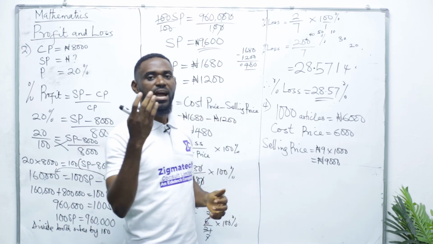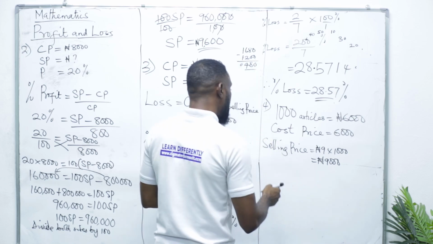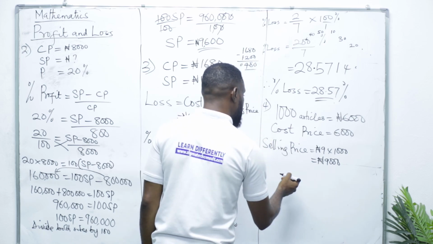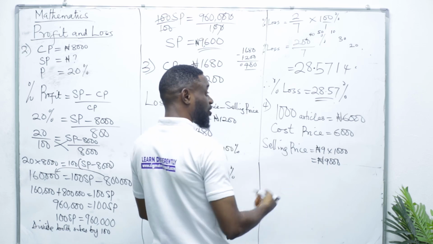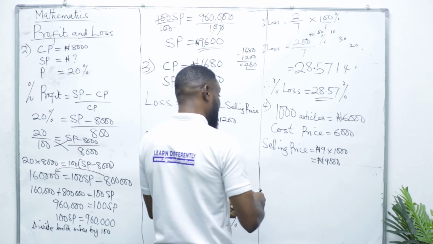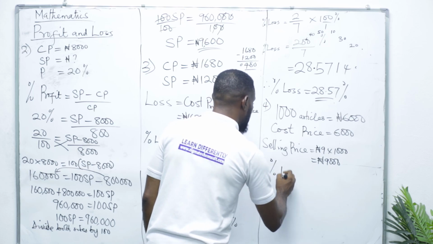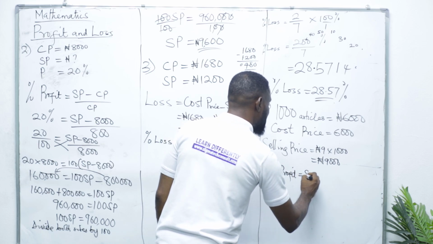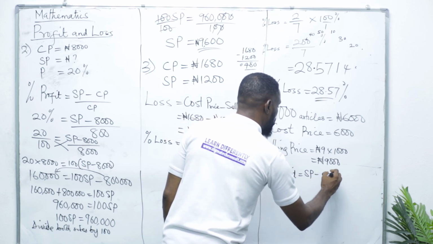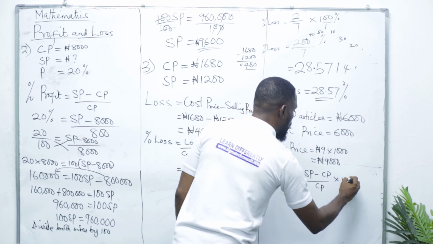Now they're asking us to find his percentage profit. How do we get percentage profit? It's simple. We just go ahead and put the formula there. Our percentage profit is equal to selling price minus cost price over cost price times 100%.